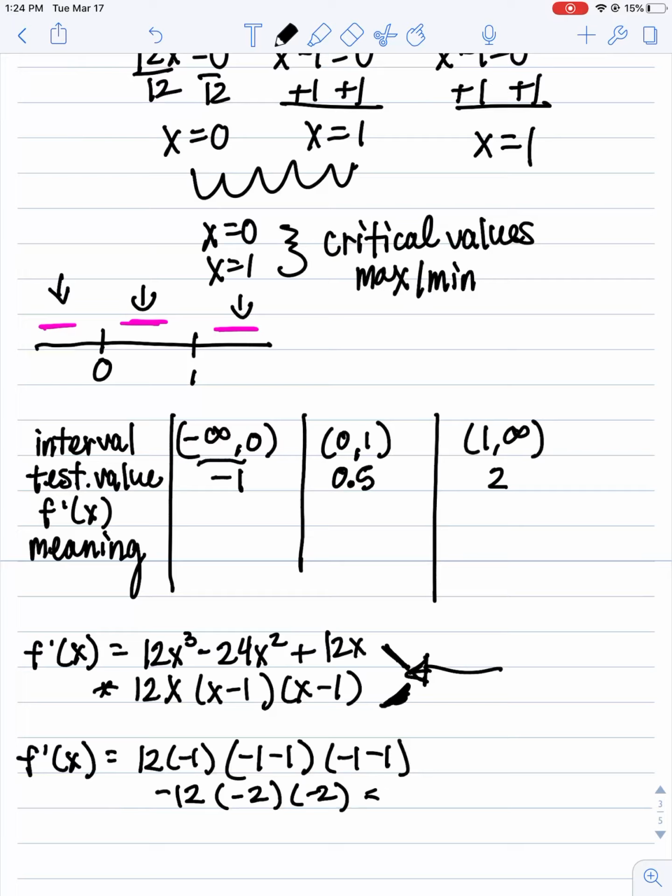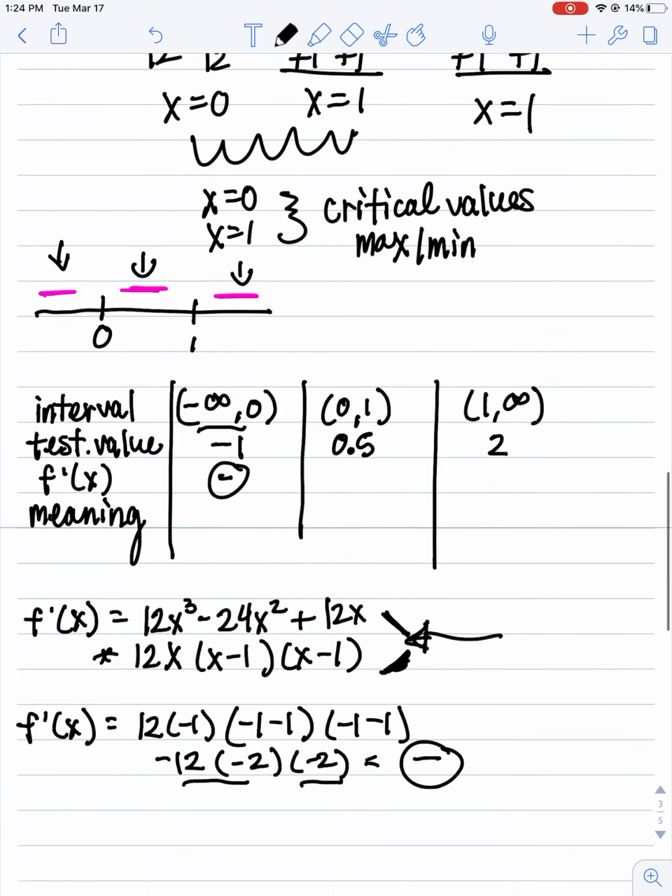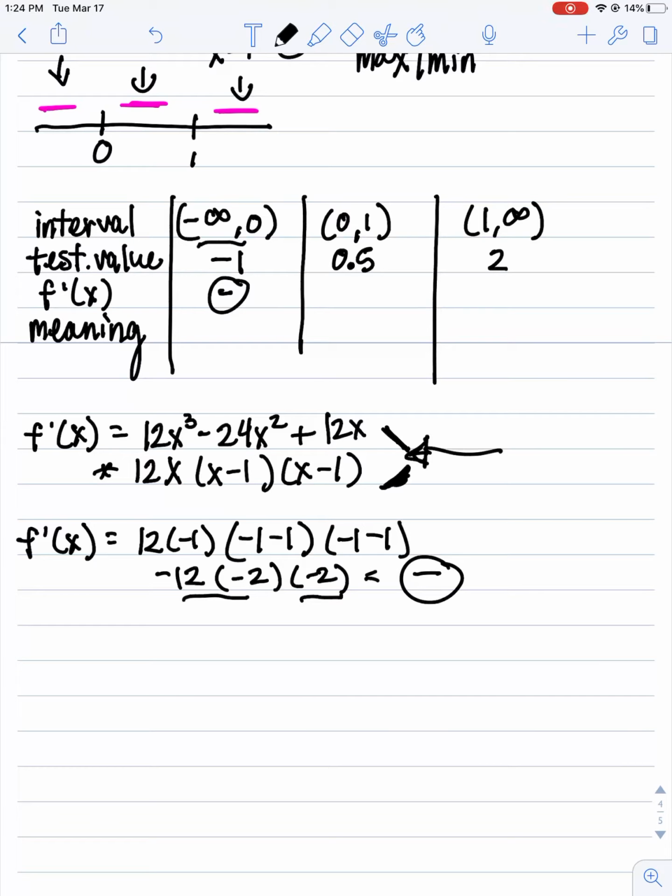Like I've told you earlier, I don't care what the number is. I care if it's negative or positive. So a negative times a negative is a positive. But then if you times it by another negative, a negative times a negative times a negative, guys, is a negative. So that means the first one is negative.